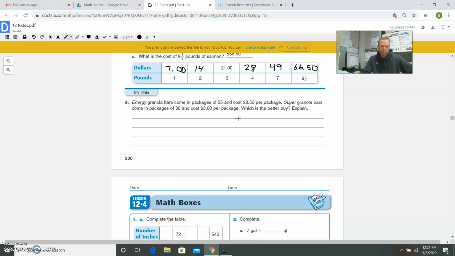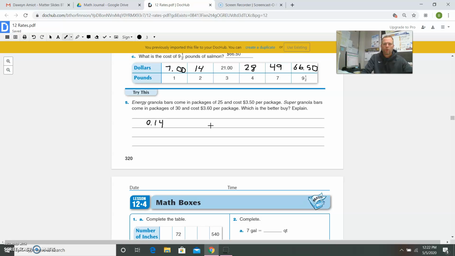Okay, so if we take the super bars first, or no, let's go with the energy. So we got $3.50 divided by 25. Okay, so $3.50 divided by 25 comes to 14 cents per unit price per bar.